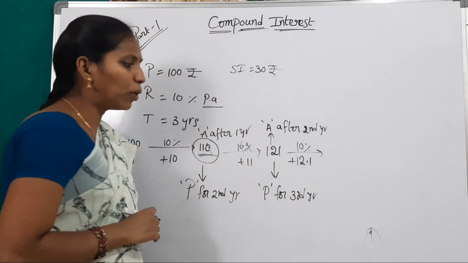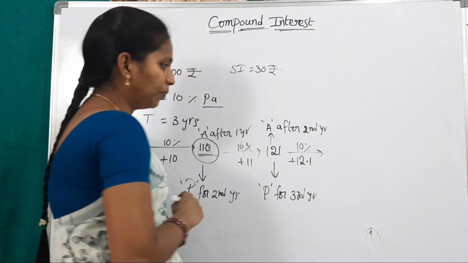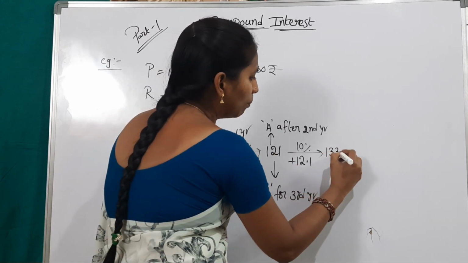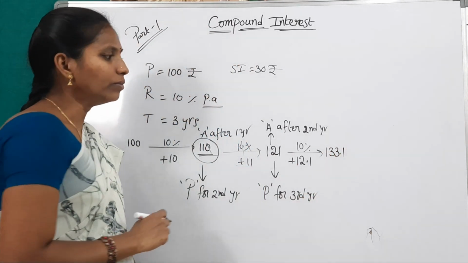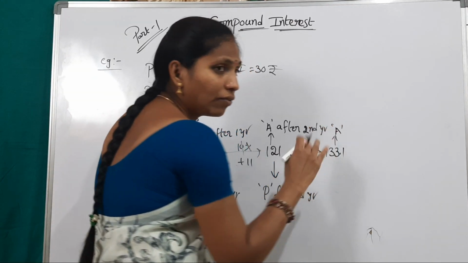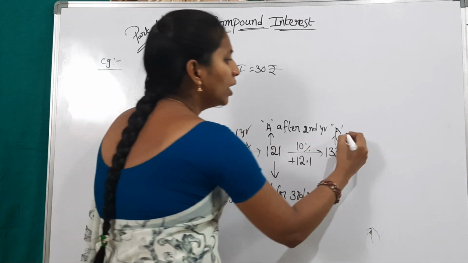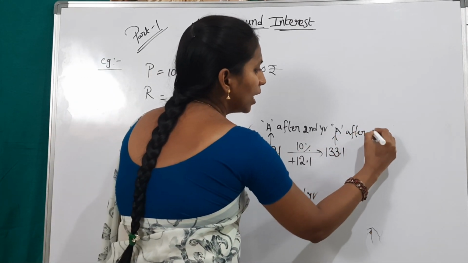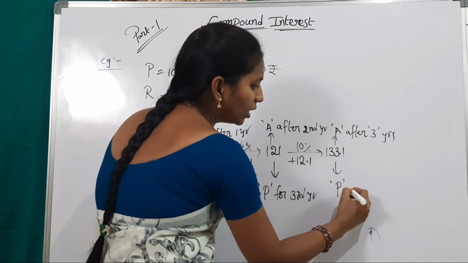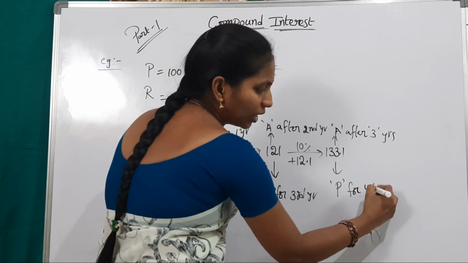Now add this 12.1 to this 121. What is the result? 133.1. Now 133.1 is the amount after how many years? After 3 years. This is the amount after 3 years, and this is the principal for the fourth year.